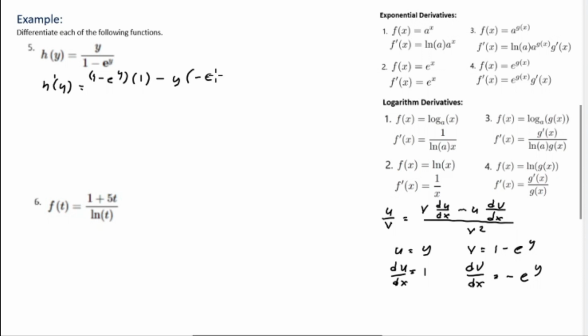So negative e^y, and divide by v squared, which is (1 minus e^y) squared.